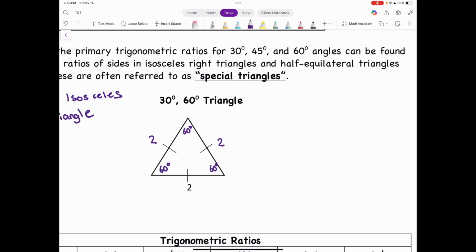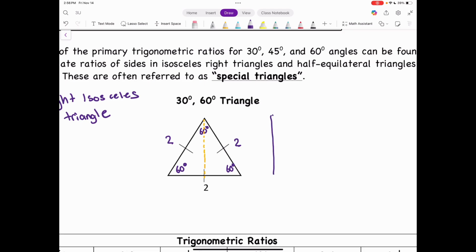Now, we don't care too much about this triangle. What we want is this triangle in half. So when we split this triangle in half, we're left with what we call our 30-60 triangle. So I'll redraw the 30-60 triangle over here.